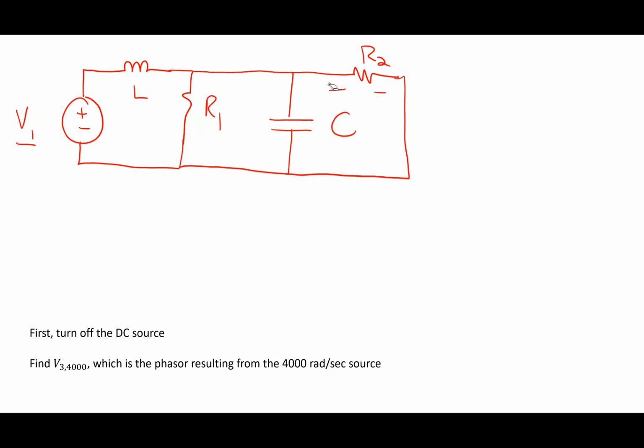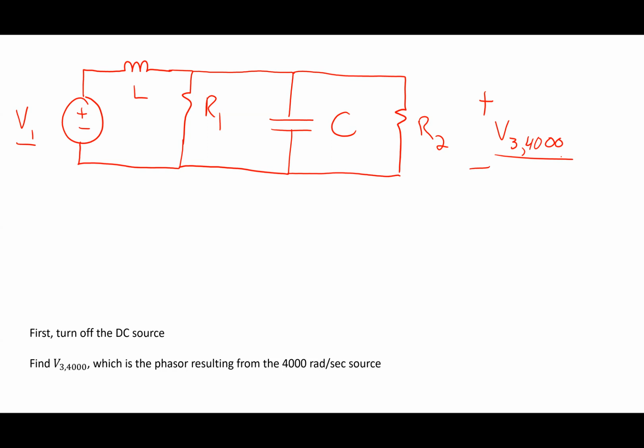But for me, this is one where if I look at this, I've got a voltage divider going on. R2 and C are in parallel with each other, as you guys have already identified. So I usually like to draw it like this. Here's R2. Now it's a little easier to see that I've got the same voltage across all 3 of those guys in parallel. If I want to find V3 4000, what I've got is a voltage divider, right? How do I have a voltage divider?